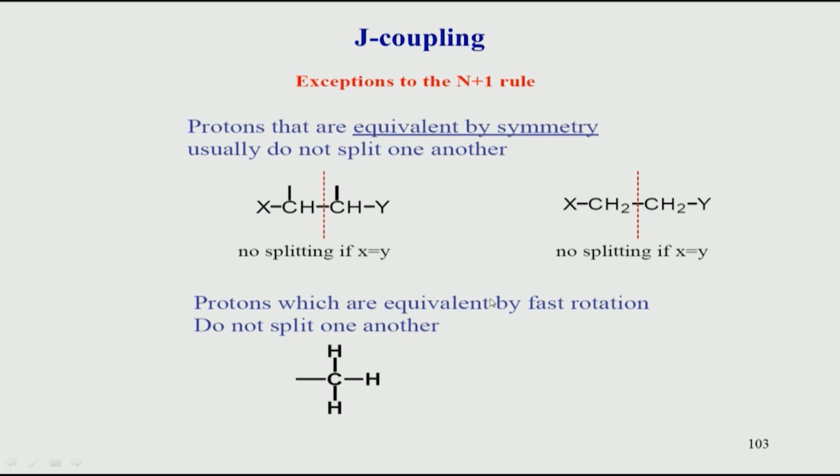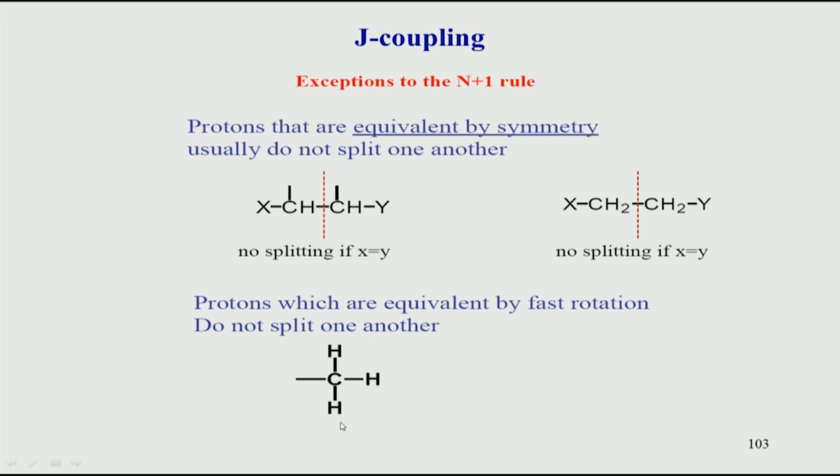Between any two chemically equivalent hydrogen atoms, they will not split each other, but that does not mean there is no J coupling. It is just that NMR is not capable of revealing the coupling between two equivalent hydrogen atoms.